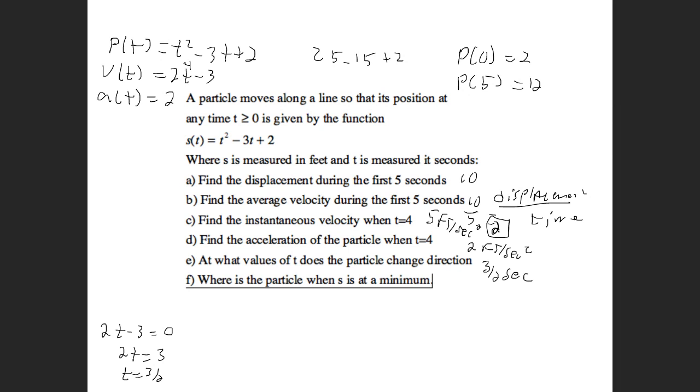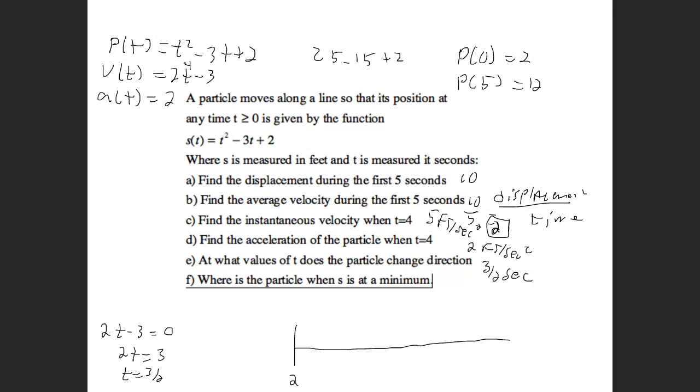Where is the particle when s is at its minimum? Okay, so now this is where it gets interesting. This is where I create a line segment. At time 0, I start at 2. Okay, now after 1 second, where is this particle? Is this particle moving to the right or to the left to start?